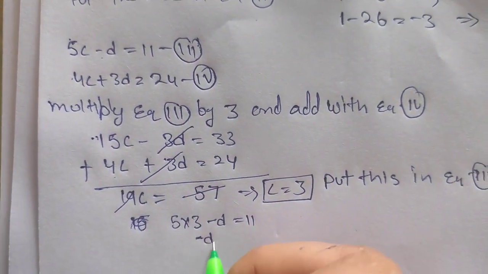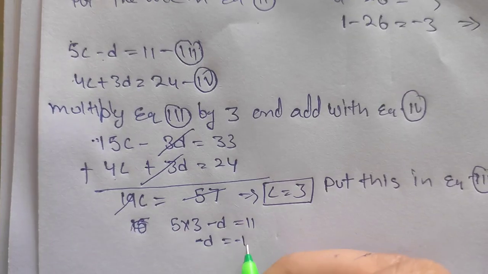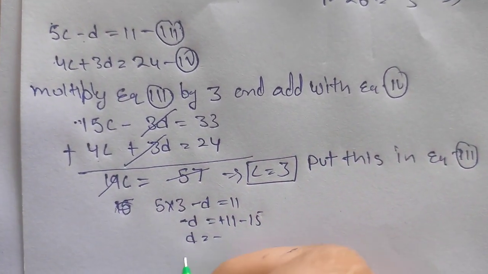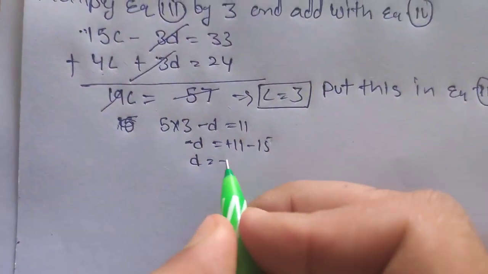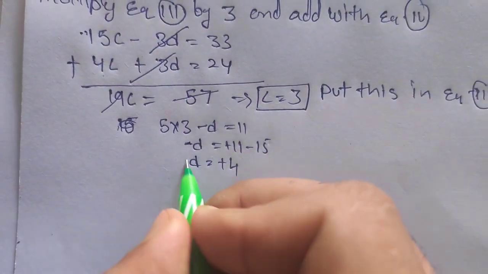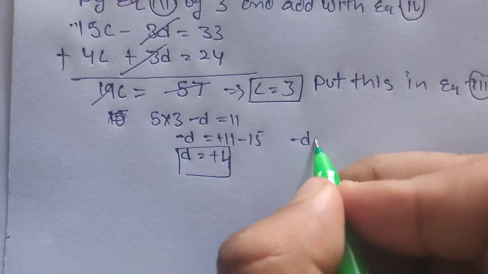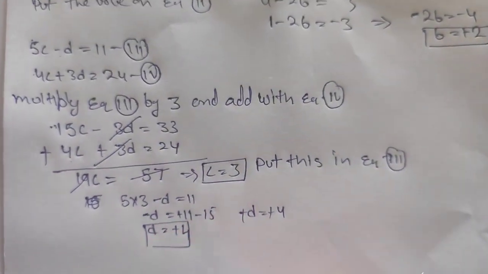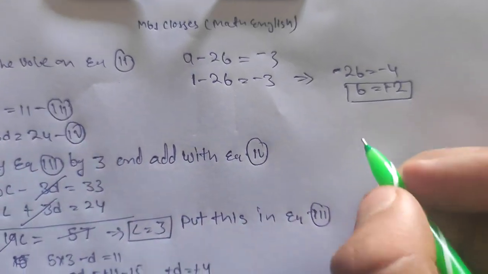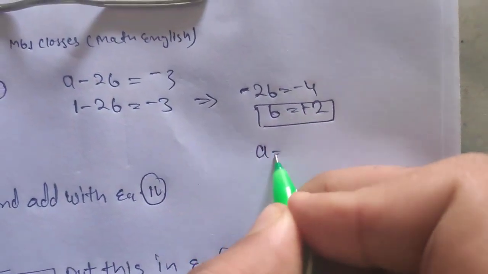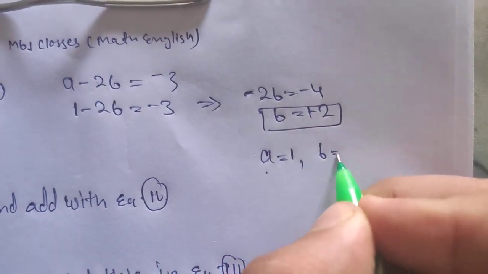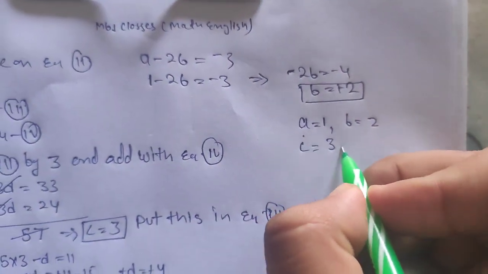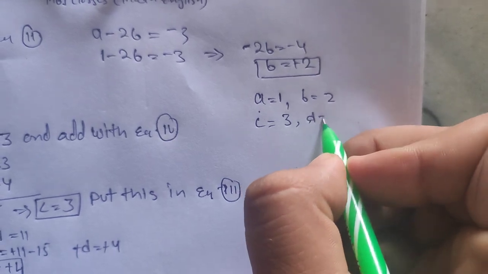So minus d is 11 minus 15. So d becomes what? It is 4, because minus d becomes minus 4, so it cancels out. So our answer is a becomes 1, b becomes 2, c becomes 3, and d becomes 4.